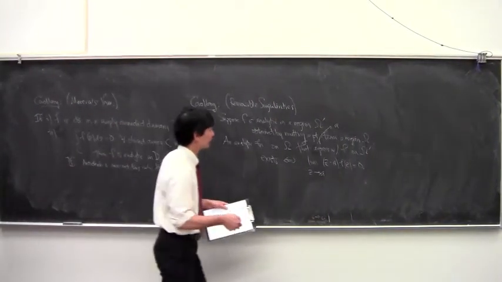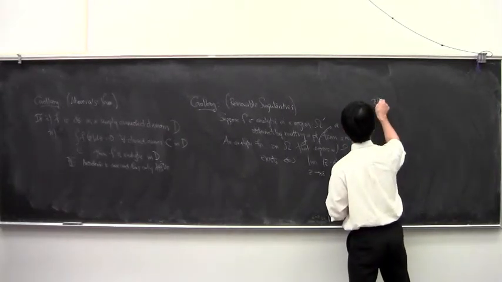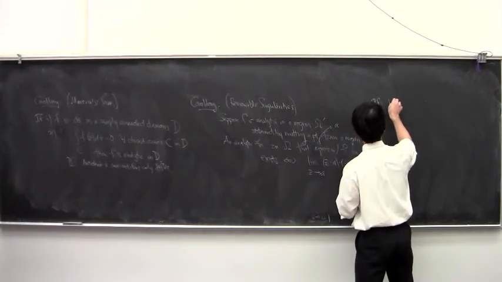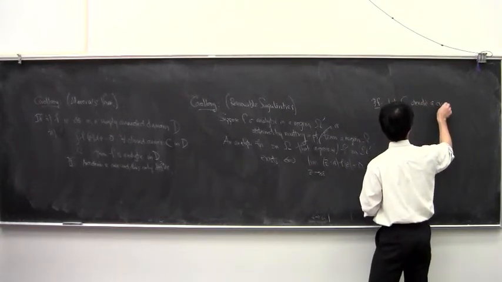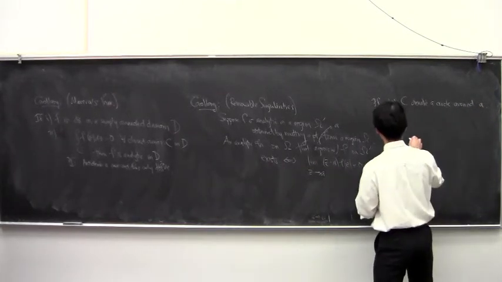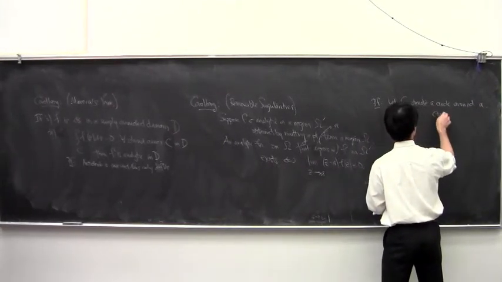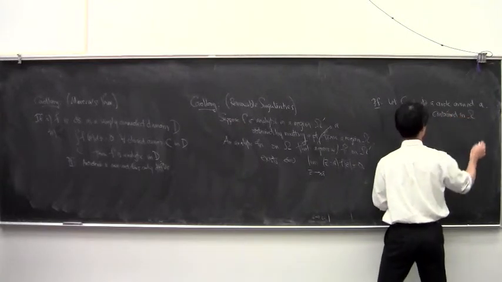So it's just a consequence of the integral formula. So let's see, denote a circle around A contained in omega.